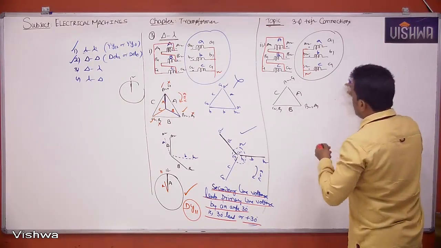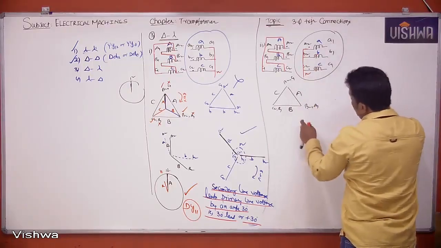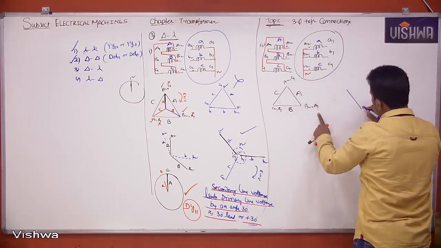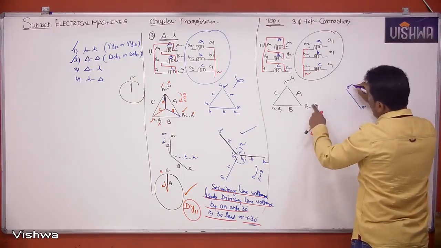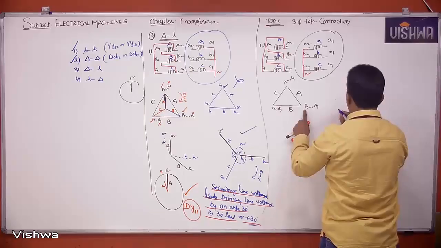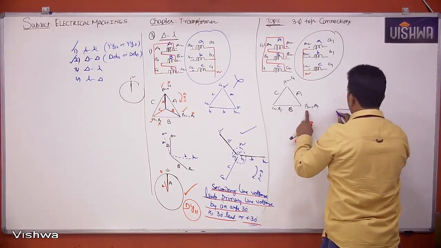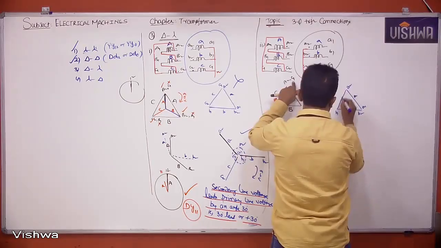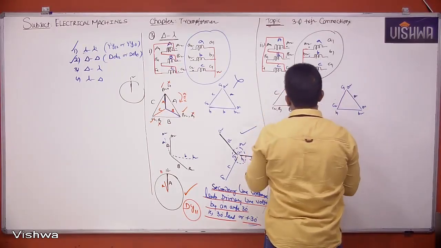Secondary vector a1, a2 should be drawn parallel to capital A1, A2 like this. Small a1, small a2 should be drawn parallel to capital A1, capital A2. Small b1, small b2 should be drawn parallel to capital B1, capital B2. Small c1, small c2 should be drawn parallel to capital C1, capital C2.